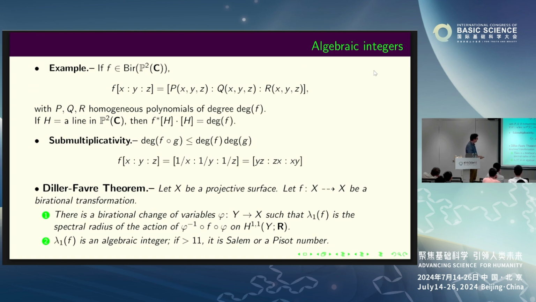So the only property you have is that the degree of f composed with g is less than or equal to the degree of f times the degree of g. An obvious example is the involution 1 over x, 1 over y, 1 over z. In homogeneous formulas, you just multiply everything by xyz, and you get P is yz, Q is zx, R is xy.